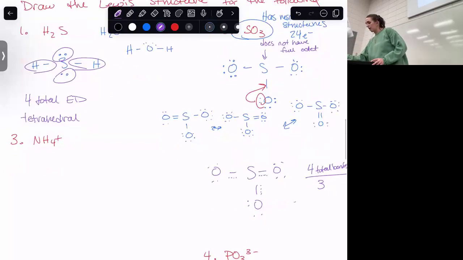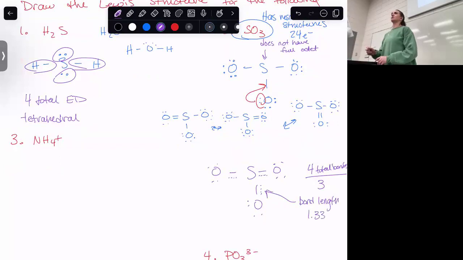So we end up getting that the bond length is about 1.33, right? So it's a little bit shorter than a single bond, but a little bit longer than a double bond. Does that make sense how we found what the bond would look like and actually look like?